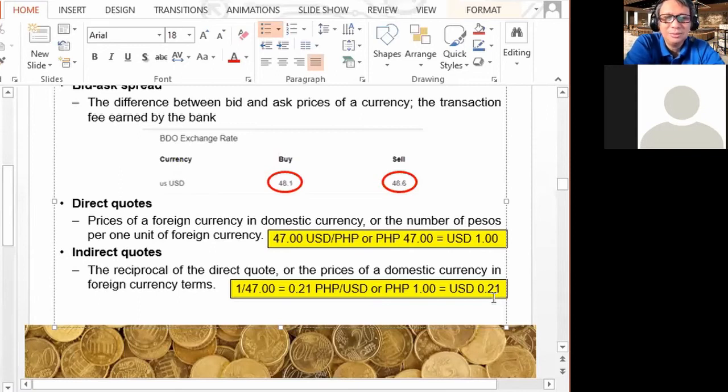Direct quote, expressed pag pumunta kayo sa mga, what do you call this? Yung magpapapalit kayo. What do you call that establishment? Money exchange market. Okay, you go to that establishment, that's what you see. Okay, then you have indirect quote. You see this in business newspapers.